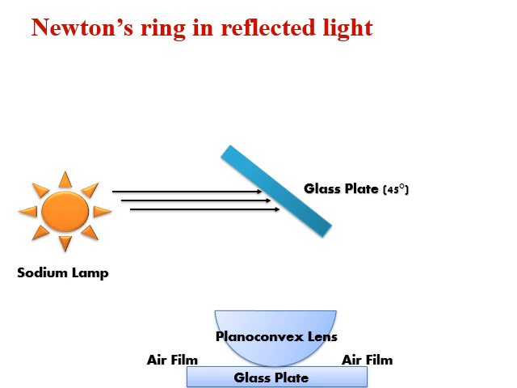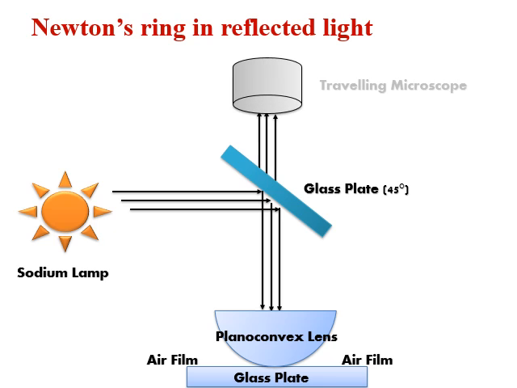Light radiations from the sodium vapor lamp strike on the glass plate, and due to the particular angle that glass plate has made, they will get bent towards the plano-convex lens glass plate system. The interference pattern you will get on the glass plate which is below the plano-convex lens, and the pattern can be observed with the help of a traveling microscope.